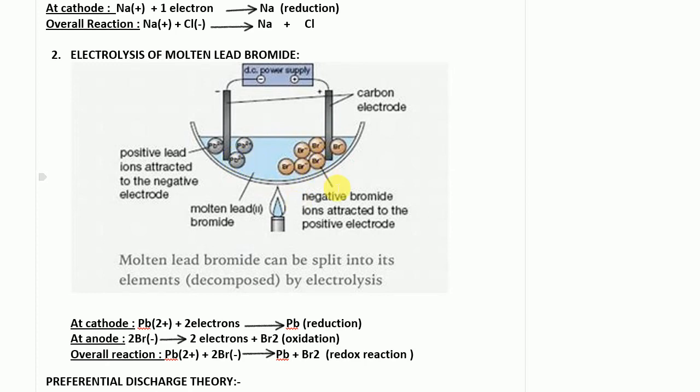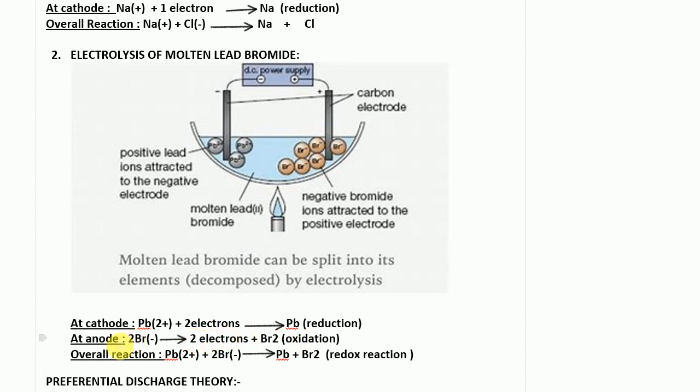After they are dissociated into Pb2+ and Br-, the Pb2+ which is at this cathode requires 2 electrons. So it will take 2 electrons and become stable as Pb. In the reaction where there is a gain of electron, the process is known as reduction.